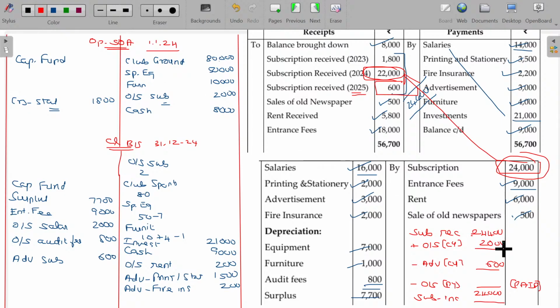Now, 24,400 minus 2,000, so plus 2,000, 26,400 minus 600, 25,800. Then what about the balance? Is it 25?